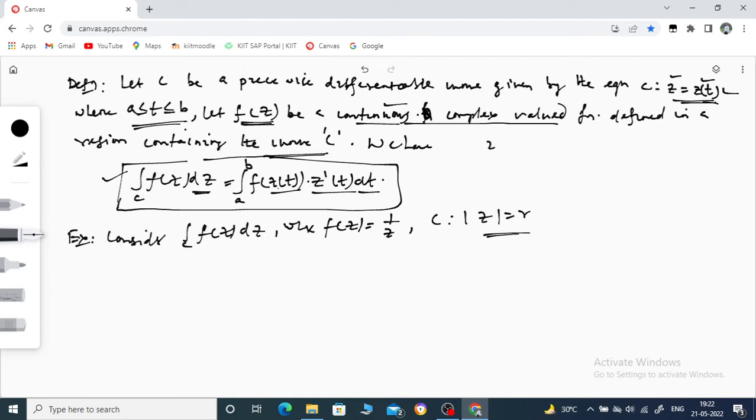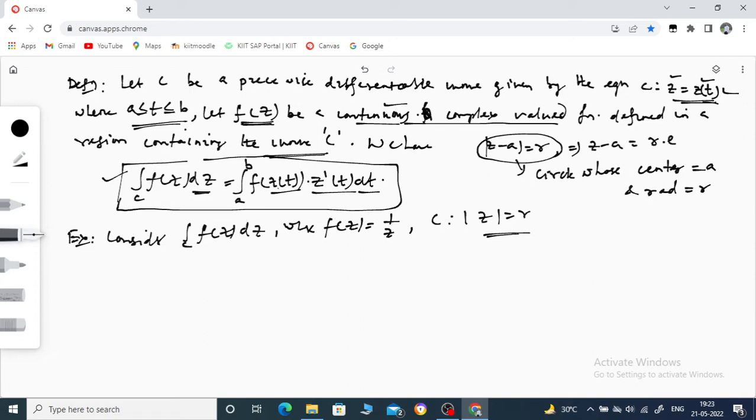In general, if somewhere it is given that modulus of z minus a is equal to r, you have to understand that this is a circle whose center is a and radius is r. So modulus of z minus a equal to r means you can write z minus a equal to r e to the power i theta, because if you take its modulus, the right hand side will be r, and the left side is modulus of z minus a.